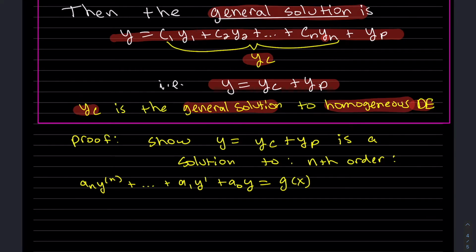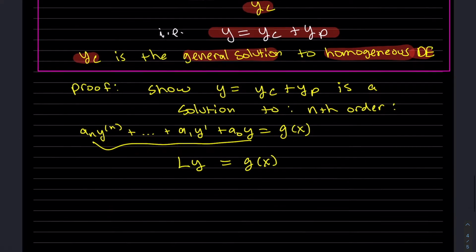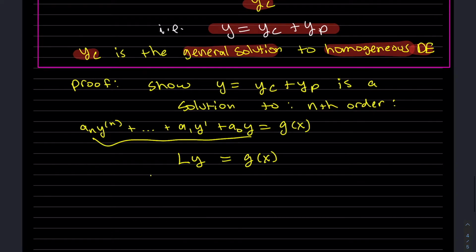But again, I want to call this Ly equals g of x. It makes it so much easier. So we want to show that if you plug this in, it's a solution to this equation. We can distribute, because that's what linear operators can do.